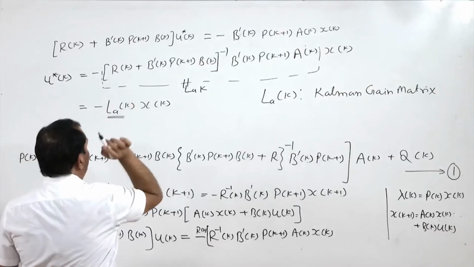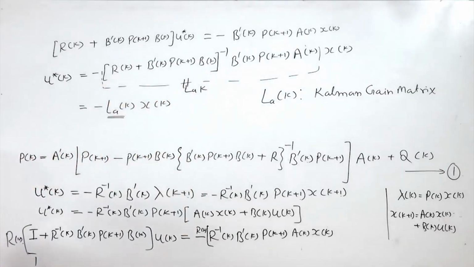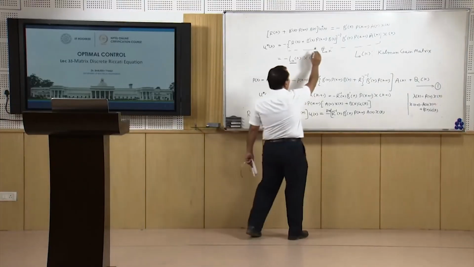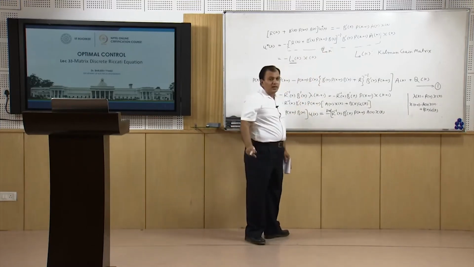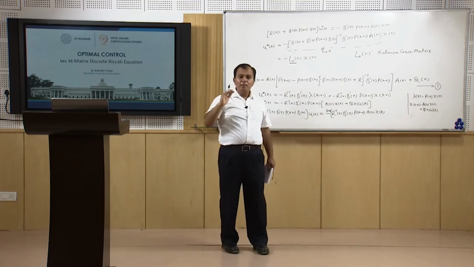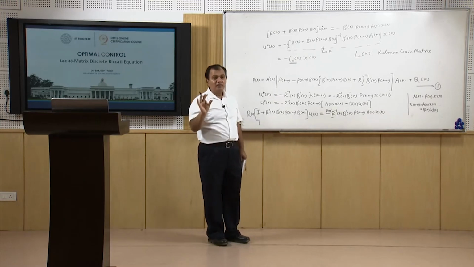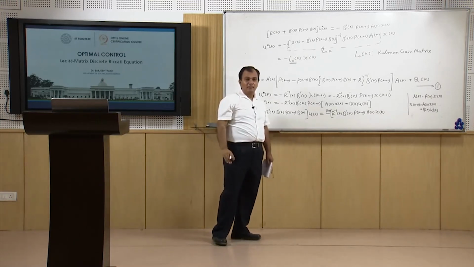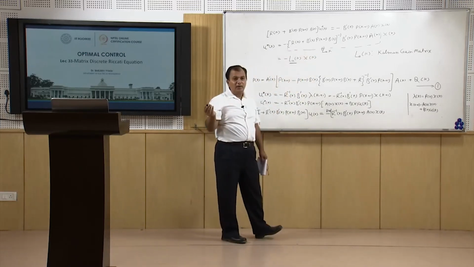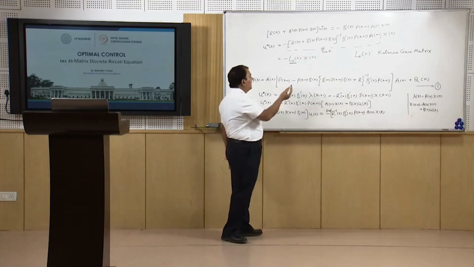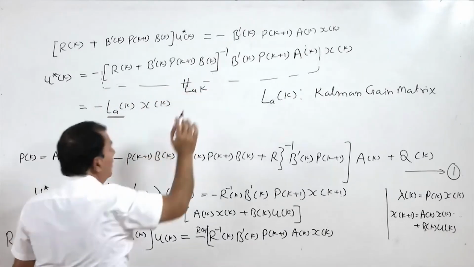So, the inverse of R(k) exists, and this positive definite matrix is added with B prime(k) P(k+1) B(k). B prime(k) B(k) always gives a square term, and P(k+1) is a positive semi-definite, symmetric matrix. So, P is the symmetric positive definite matrix, R is a positive definite matrix, maybe symmetric. This means the inverse of this term will always exist.